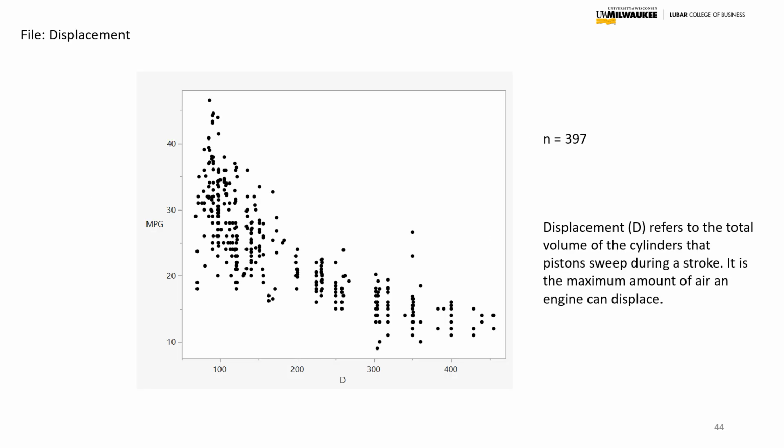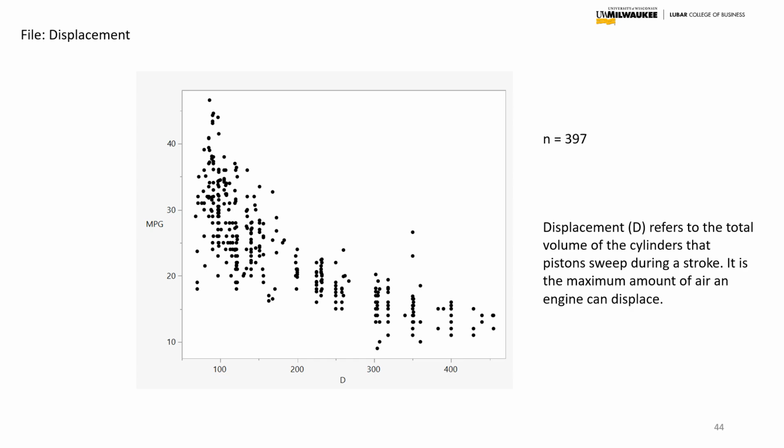Let's take a look at another example. Here I have 397 cars, and on the y-axis what we're trying to predict is miles per gallon, and the x variable denoted by the letter D refers to displacement.